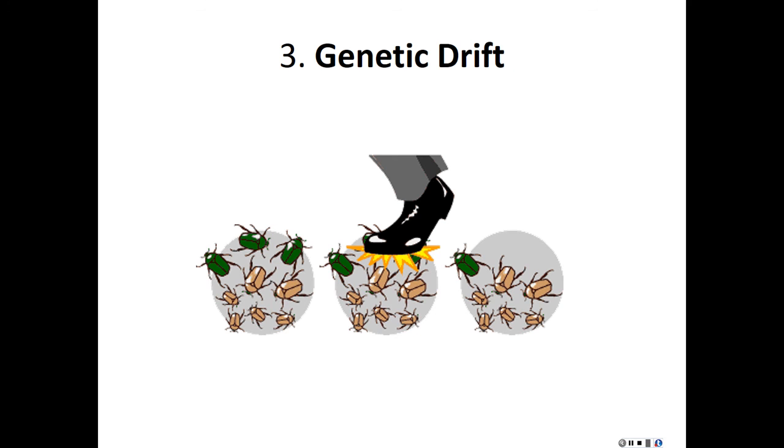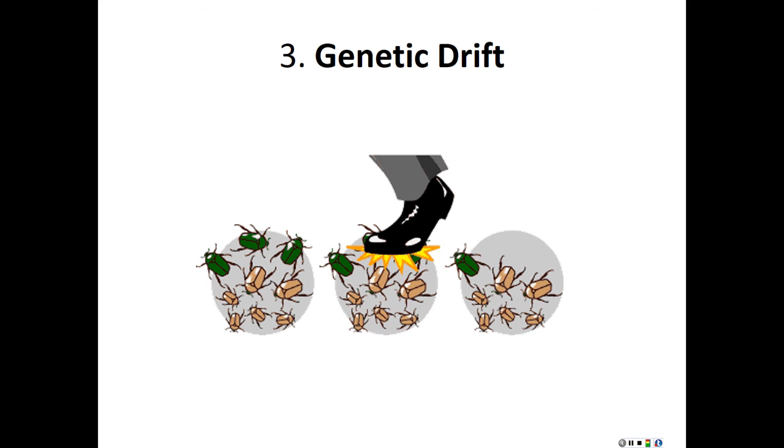Okay, so genetic drift. Genetic drift occurs when chance events cause allele frequency to fluctuate among generations. That it is a chance event is really important.